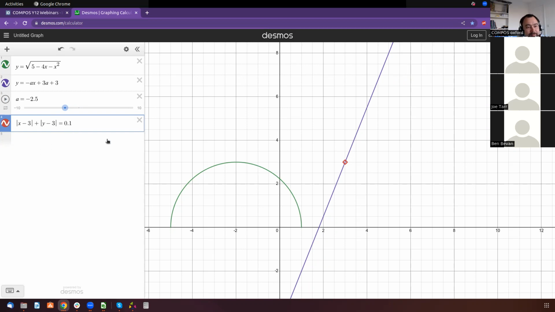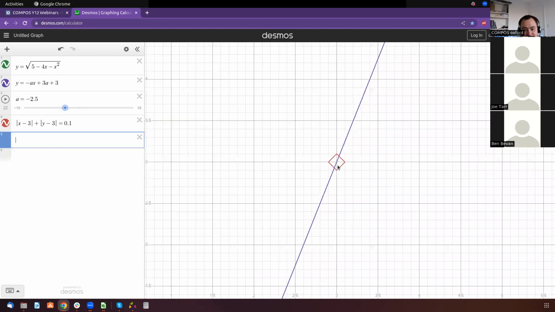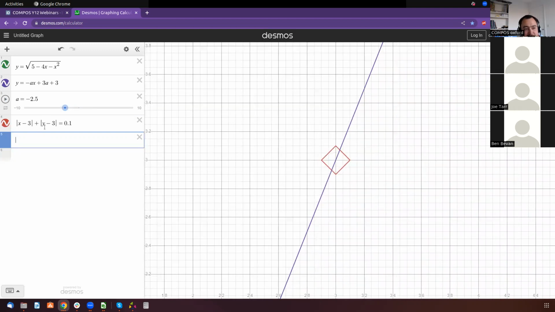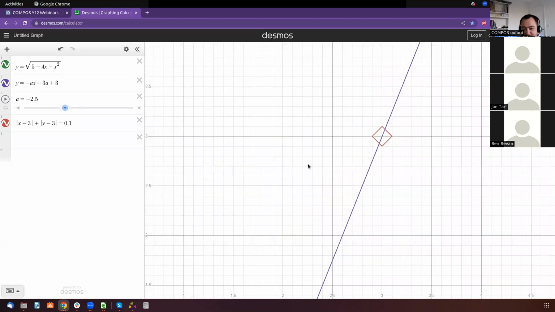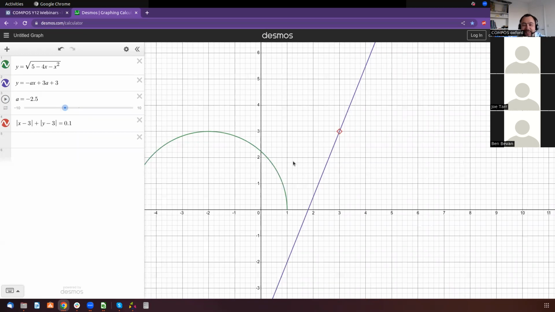Yeah, it's a rhombus. It looks like the equation is almost the same as a circle, but with the modulus instead of square, and that gives you a rhombus, well, a square. I like this equation. So let's have a look. You can see that the line always goes through that point.